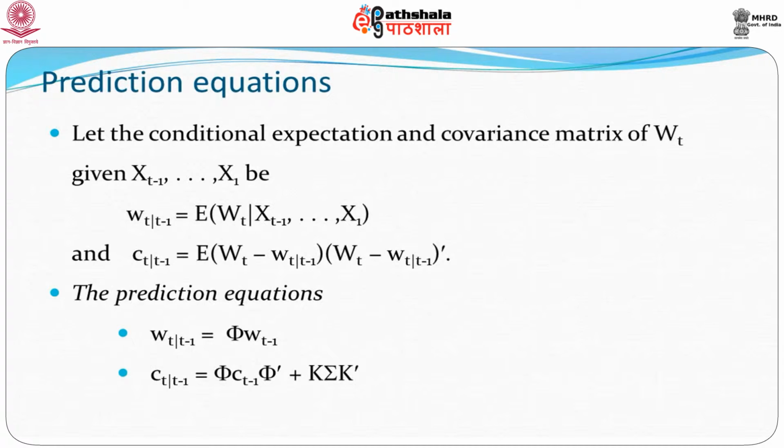So, we get these two equations and we call them the prediction equations, because given W t minus 1, we can now predict what W t is going to be like. Similarly, given C t minus 1, we can predict what C t is going to be like.